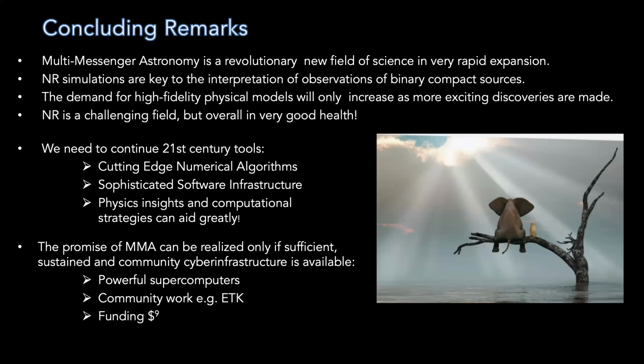As I mentioned, curvilinear coordinates are certainly falling into this category. And finally, if we really want to do multi-messenger astronomy in the near future, then we really need a sustained community of cyberinfrastructure. We need not just powerful supercomputers, but we need a community.